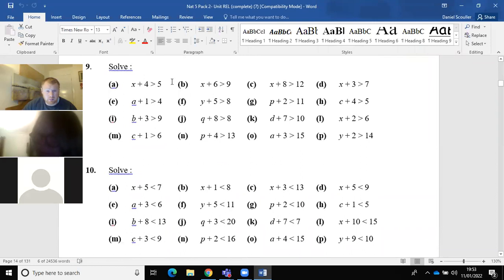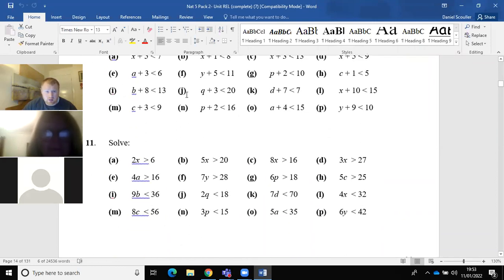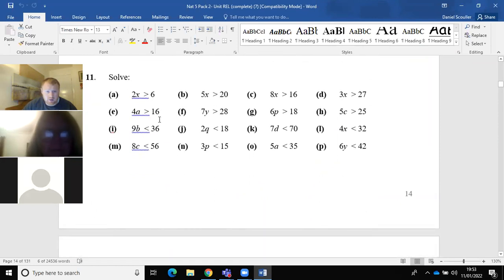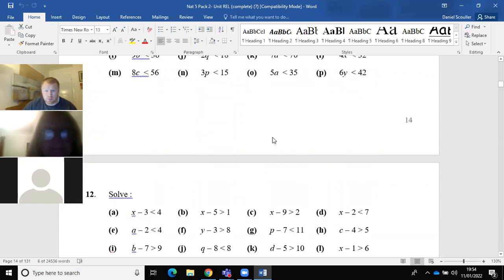Hopefully it should be nice and simple, so we're just putting it either side. Nothing changes there. Nothing changes in 10. In 11, we're starting to take things over and divide by. So 2x greater than 6 becomes x greater than 6 over 2, or x is greater than 3. Nice and simple, no negatives.